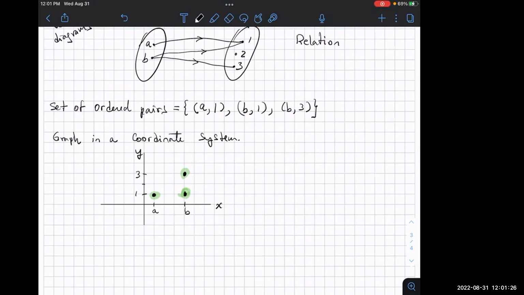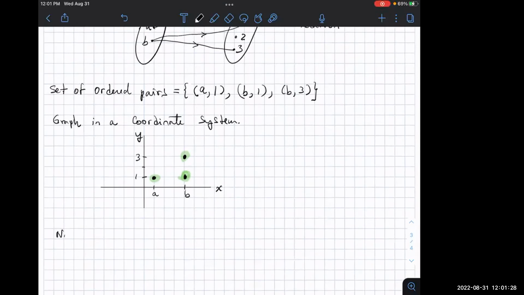So any equation, note, any equation in 2 variables represents a relation.